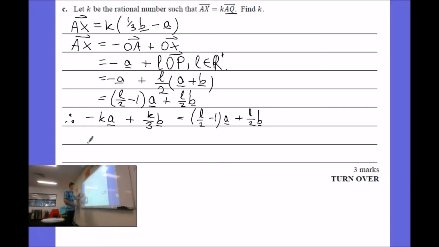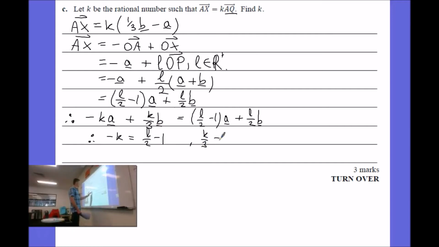So therefore, what does that mean? Let's see what we get. By equating the two, we've got negative k must be the same as L on 2 minus 1, by equating the coefficients of the scalar multiples of the A vector. We get this expression. Now let's do the same for the B vector.